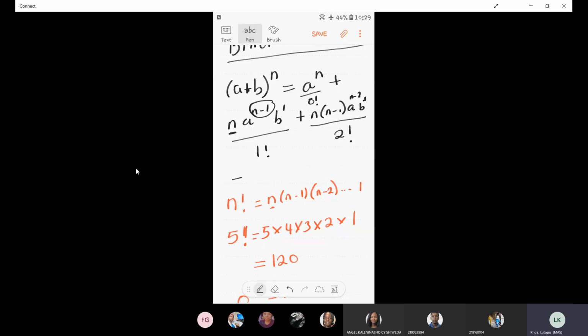So I would have n minus 1, n minus 2, and then a to the n minus 3, b to the power of 3, and then I divide by 3 factorial.